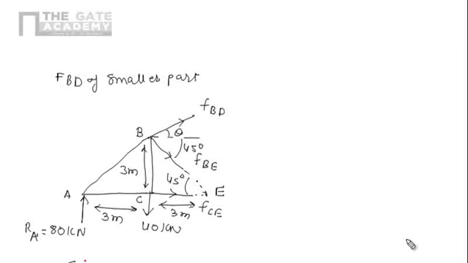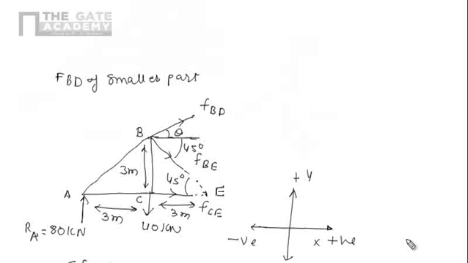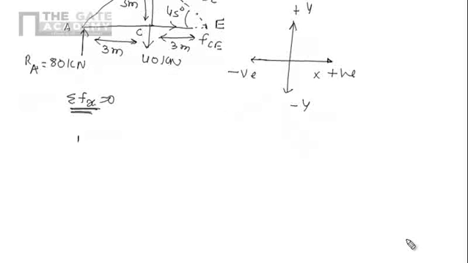The other condition is that the algebraic summation of all horizontal forces, the forces along x, should be 0. Here this is positive x, that is negative x, that is positive y, and this one is negative y. So in the horizontal direction there will be a component of FBD, that is FBD cos theta, in positive direction.